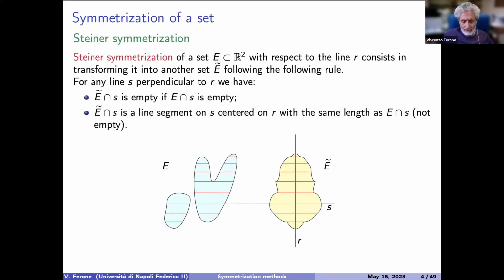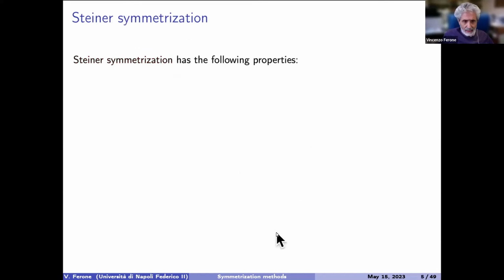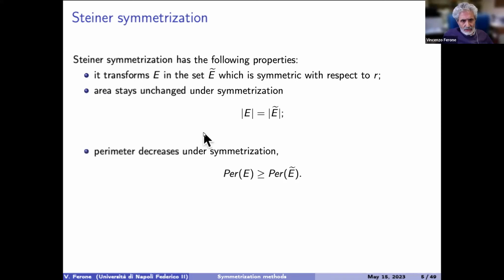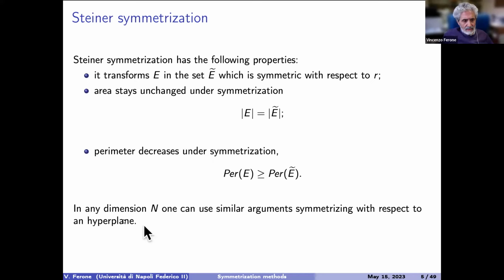So we fix more than one direction, and then we can symmetrize with respect to it. Steiner symmetrization also has properties similar to the ones I have shown for Schwarz: it transforms E into a more symmetric set, leaves the volume unchanged, and the perimeter decreases under symmetrization. As I said, in any dimension we can do this with respect to a line or eventually to a hyperplane.